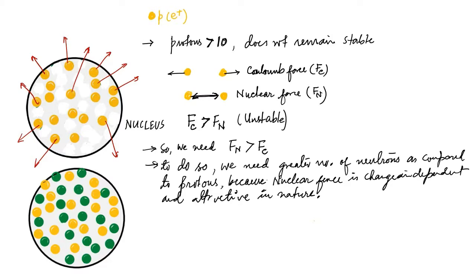So if I fill this system with neutrons, these green ones, what will happen? Apart from the protons getting Coulomb repulsion and flying away from each other, if we put the neutrons in between them, then what will happen?